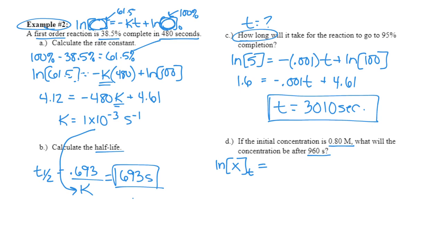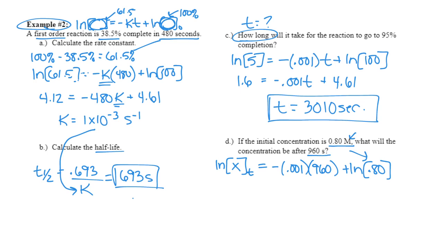And I've got my K value, 0.001, and time is 960 seconds. All of these problems, by the way, since they told me that it was first order, I can use the same first order integrated rate law equation for all of them. And then natural log, my initial concentration is 0.8. So this time I actually have molarity values to plug in, so I can just go ahead and put that directly in here.